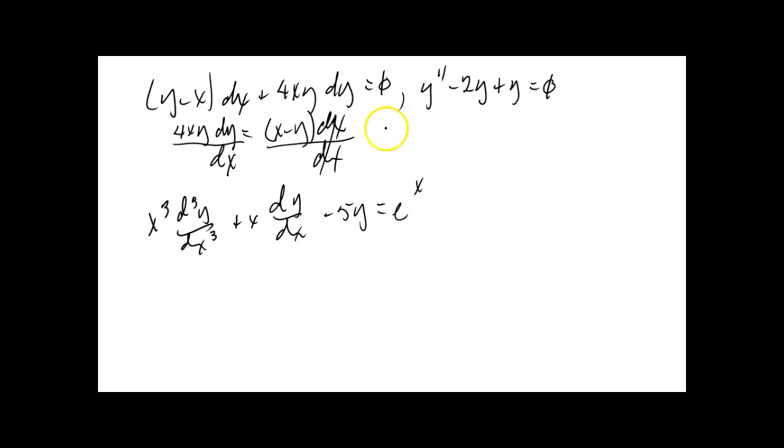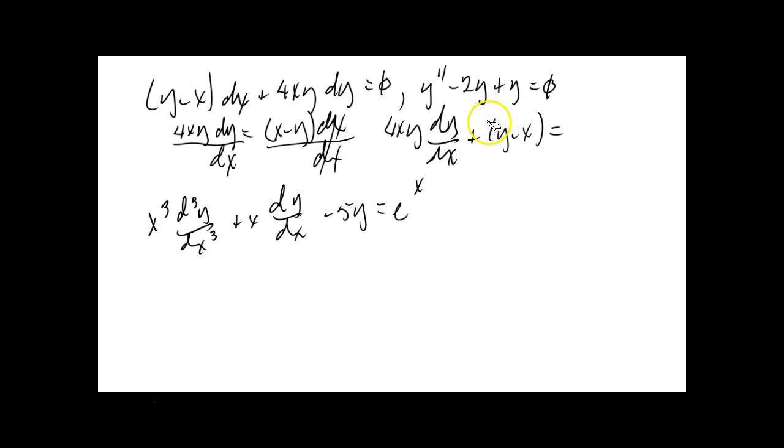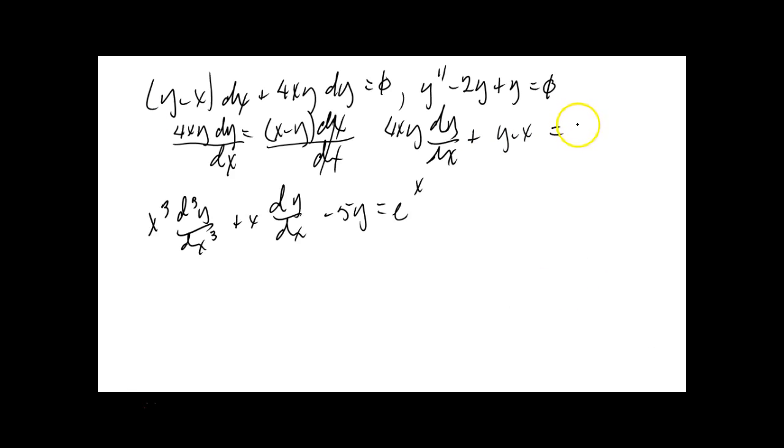I'll change it back. 4xy dy dx plus y minus x, and you don't really need the parentheses anymore, so let me take those out. This is such a pain to do every time. Equals 0.